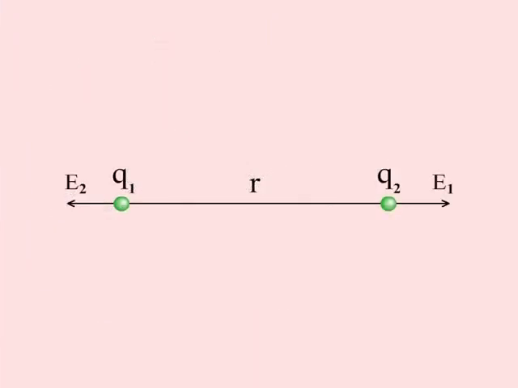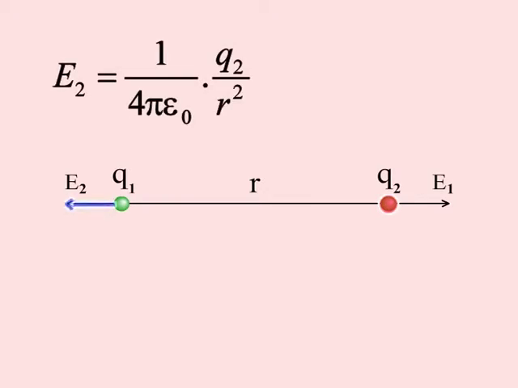Similarly, electric field due to the charge Q2 at the site of Q1 would be E2 equal to 1 upon 4 pi epsilon naught into Q2 upon R square.